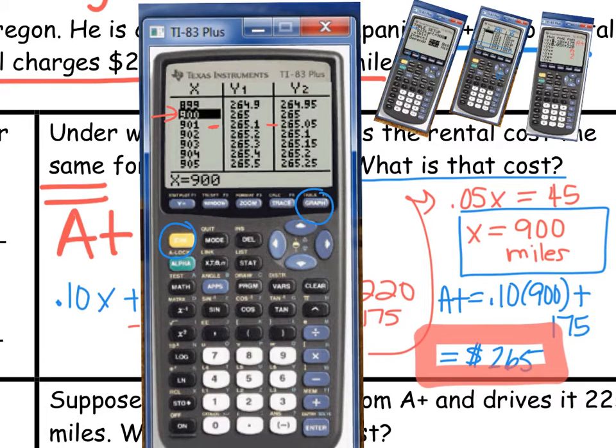If I look at less than 900 miles, A+ Rental is $264.90 and Zip Auto is $264.95. So we can see that anything more than 900 miles is going to be cheaper to rent a vehicle from Zip Auto Rental.